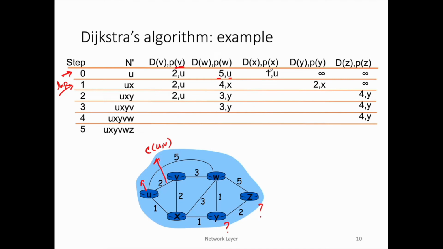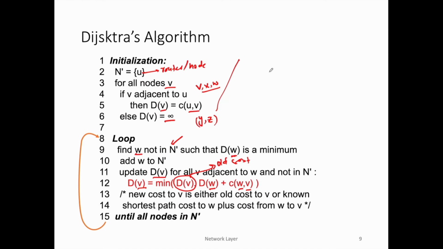So we'll go back to the algorithm and see what it says. It says find a node w not in N such that the cost to reach that node is minimum, and we'll add it to N, and then we'll recalculate the cost to reach all other destinations.